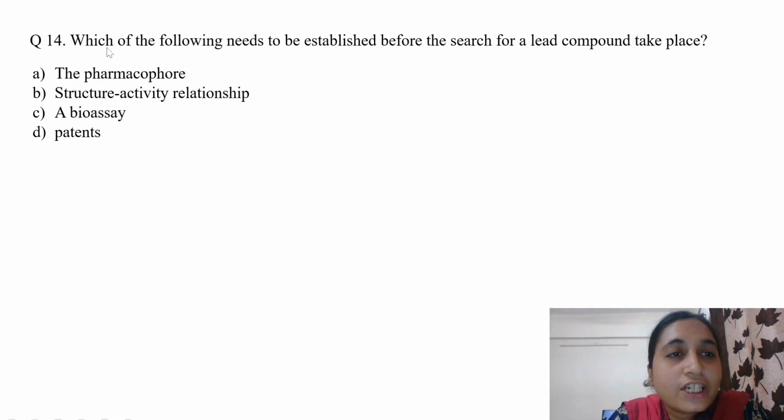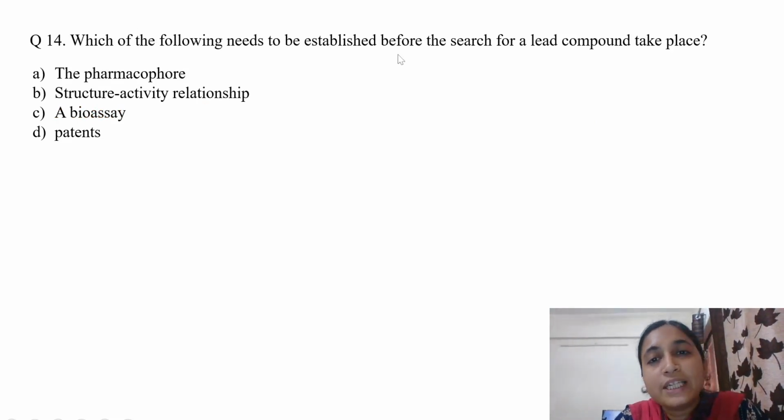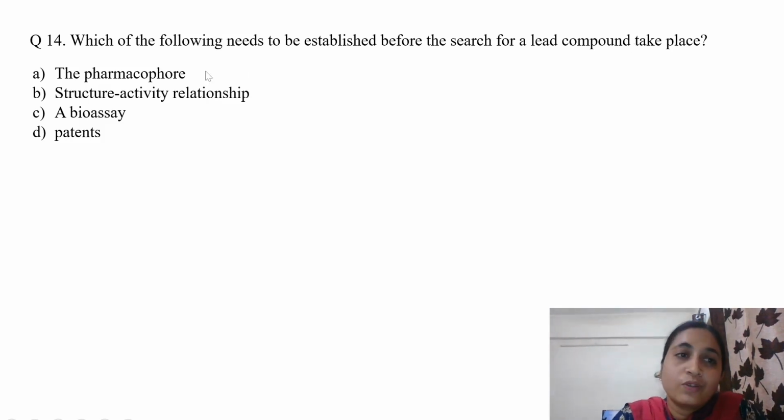Now question 14. Which of the following needs to be established before the search for a lead compound takes place? Option A, the pharmacophore. Option B, a structure activity relationship. Option C, a bioassay. And option D, patents. So what would be the answer?